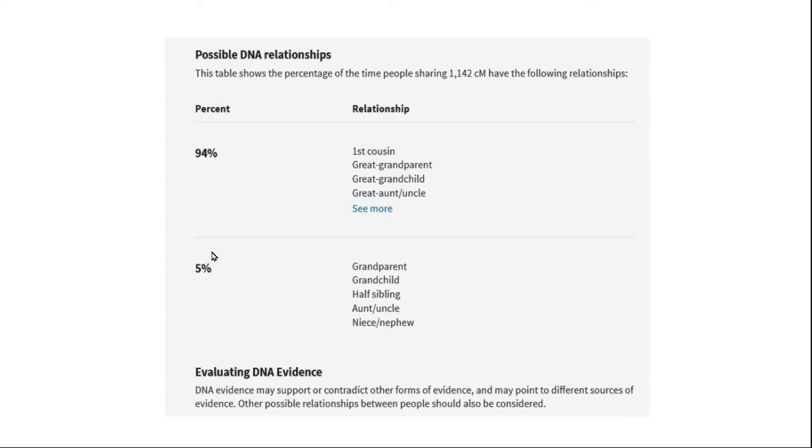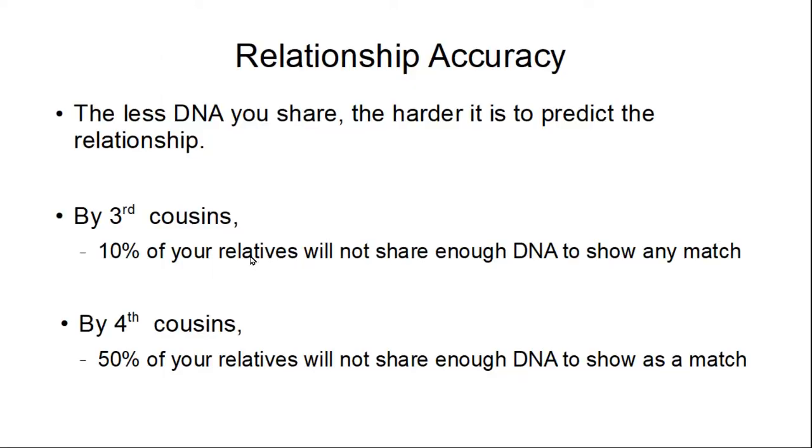This is the probability. And then you notice that there's one missing percent, so somebody else can sneak in here. That's what those relationships show you. So the less DNA you share, the harder it is to predict the relationship.